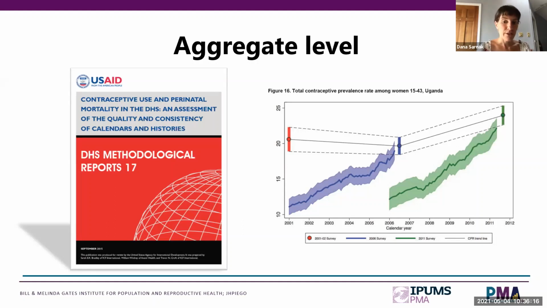And often where calendar quality was low, the contraceptive calendar seemed to underestimate contraceptive prevalence rates compared with estimates from a prior survey of the same time period. Calendar quality is usually lower for shorter acting methods versus longer acting ones. So there is some evidence that in certain contexts, the calendar does suffer from some recall bias.